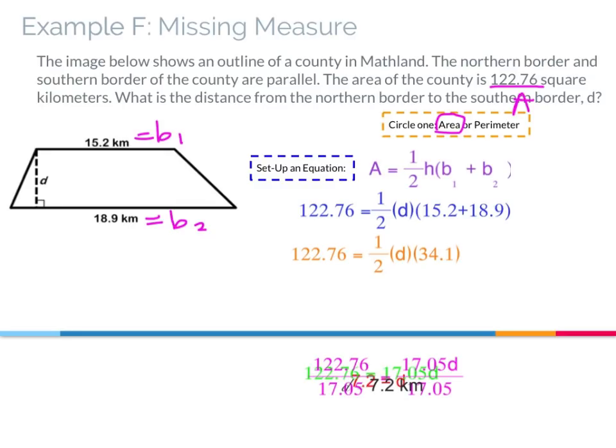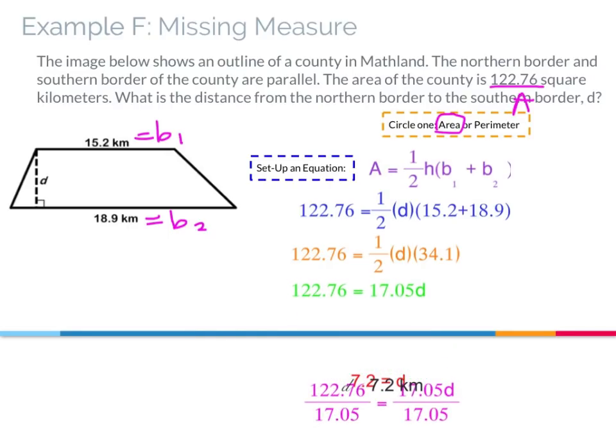And then from here, I can combine like terms, so I can combine the 1/2 times the 34.1 to give me 17.05. So far I have 122.76 is equal to 17.05 times d.